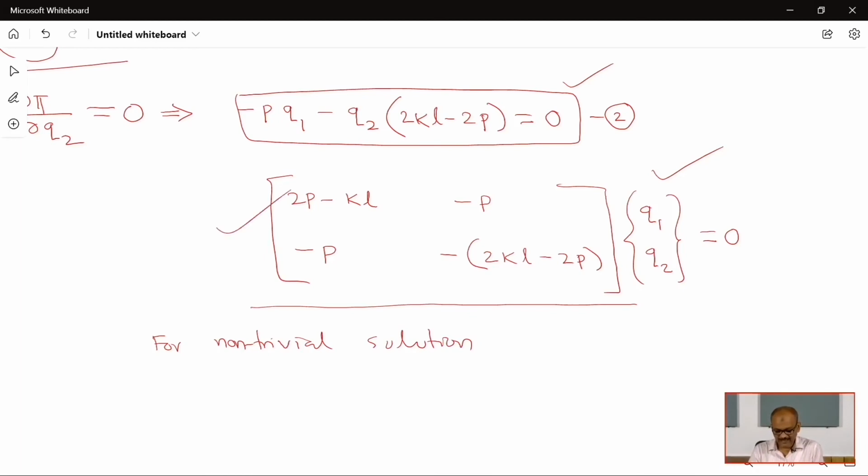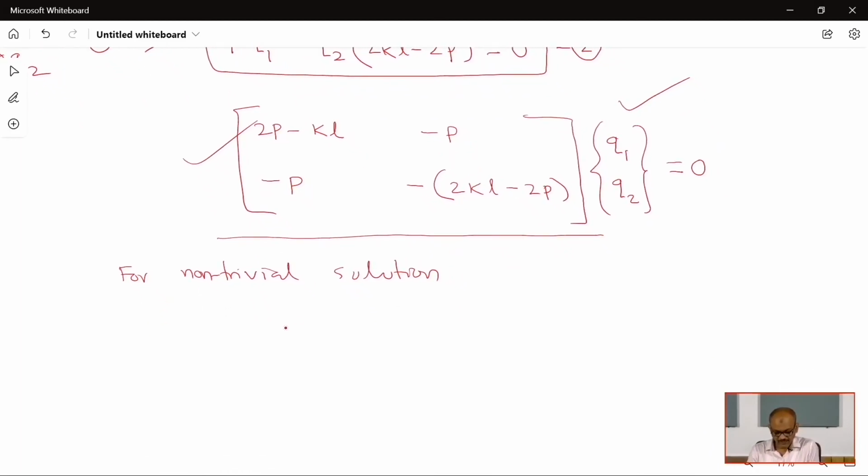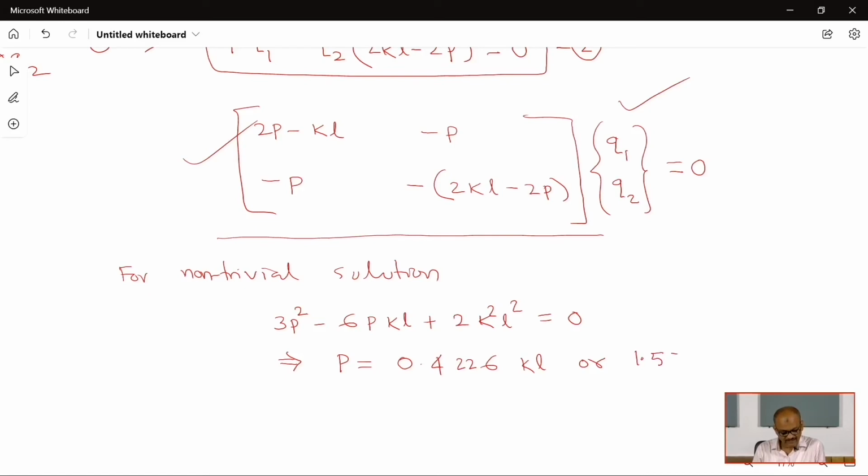If you find the determinant and equate it to 0, this becomes 3P square minus 6PKL plus 2K square L square equal to 0, which implies P is equal to 0.4226 KL, or 1.577 KL.